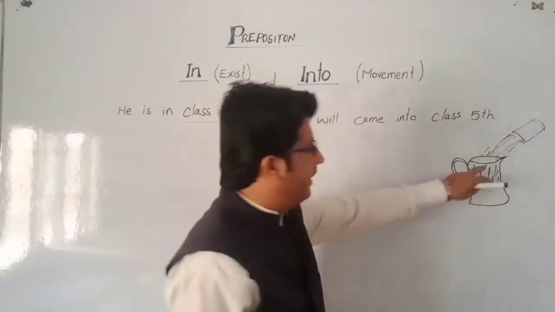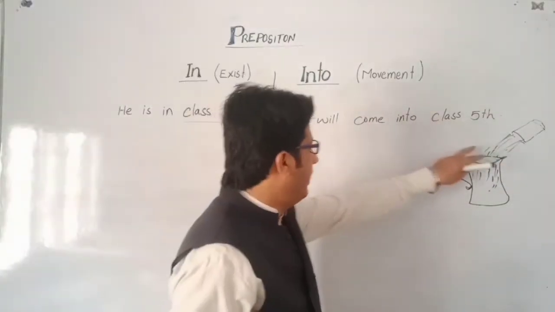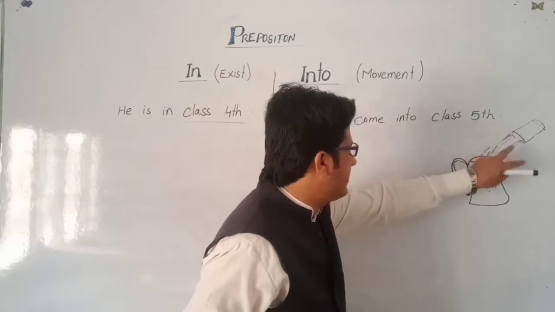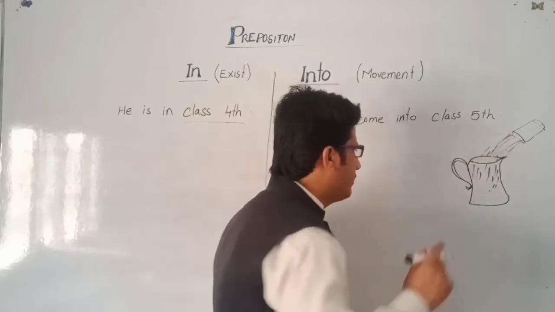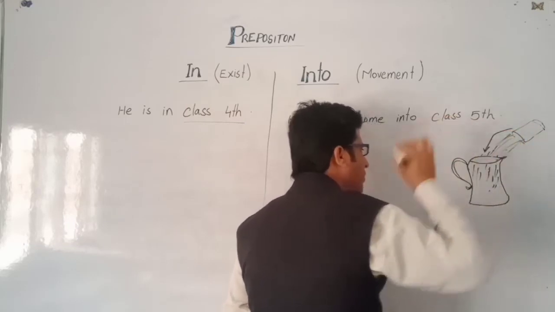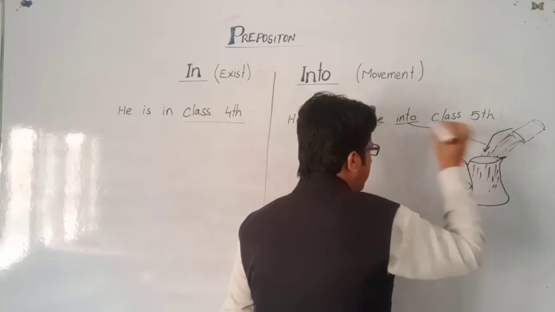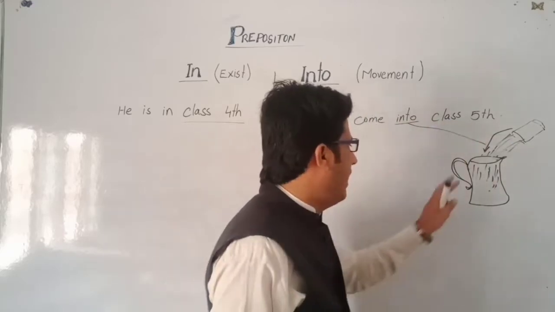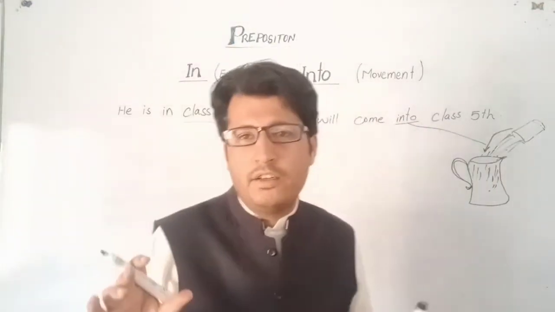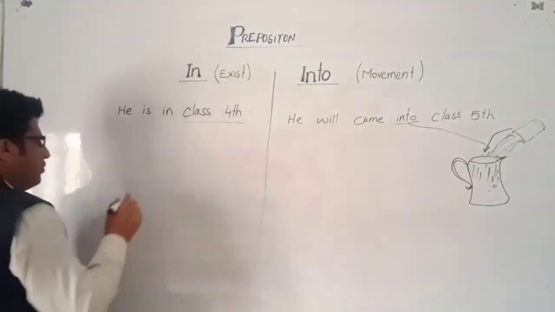So over here water is moving. The status of water is moving from glass into jug. Then we use the preposition into over here. I am pouring water into the jug, while in is used for that.